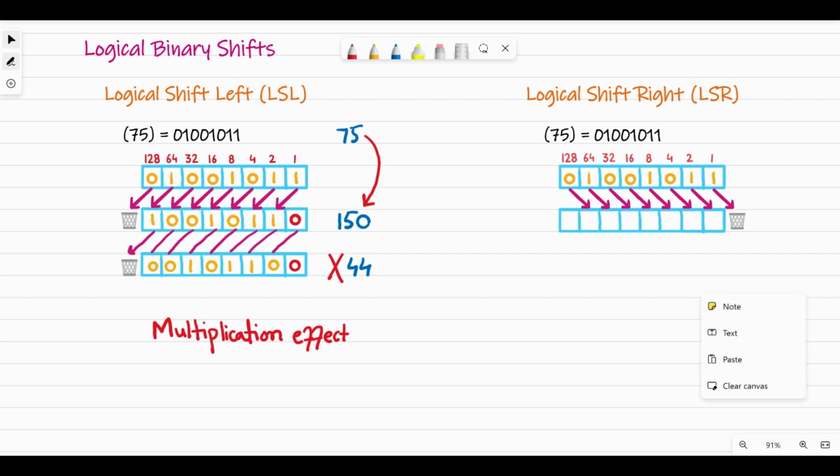Okay, we'll start filling the numbers. We'll start filling from this 0, and the number becomes 0 1 0 0 1 0 1. So this one has been wasted away.